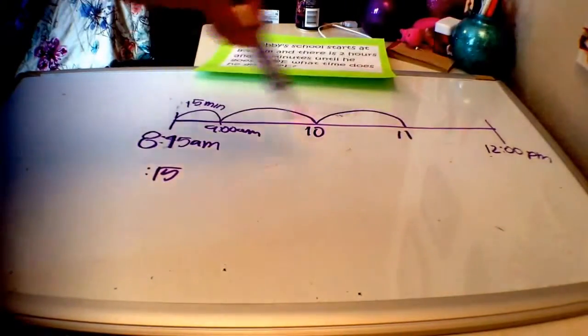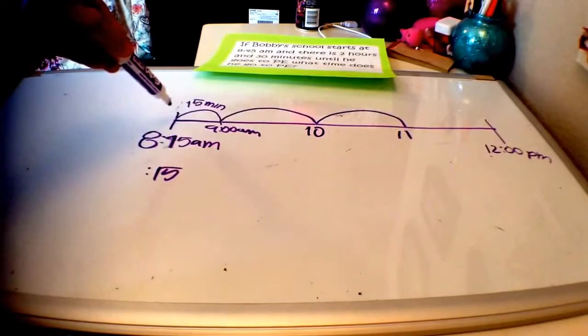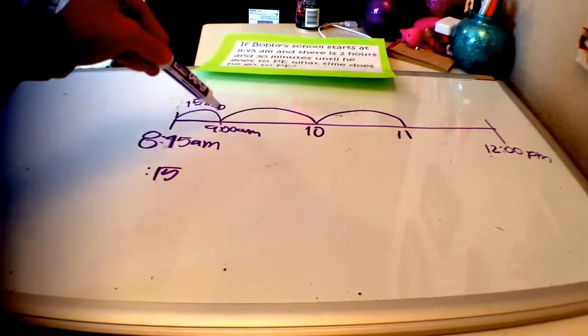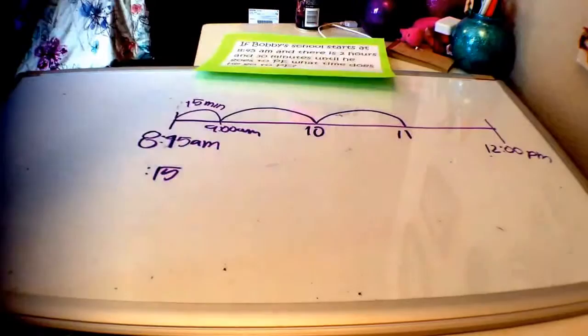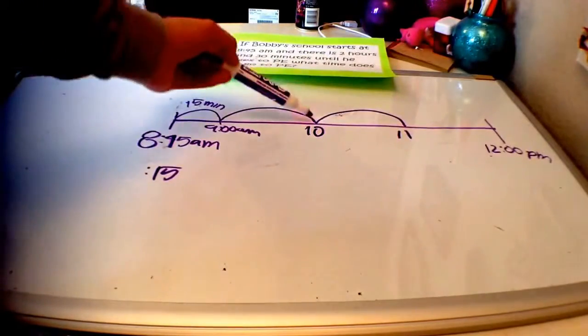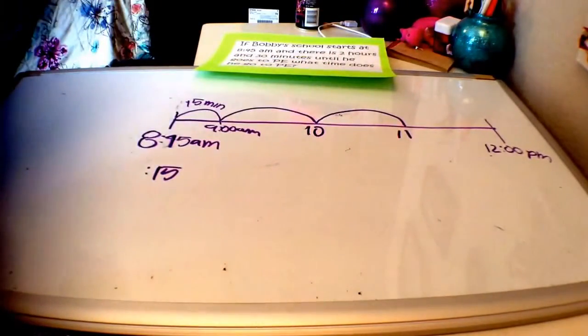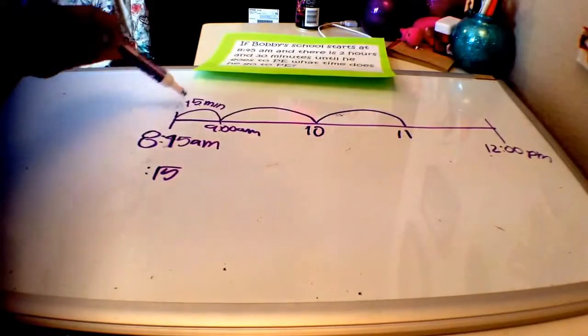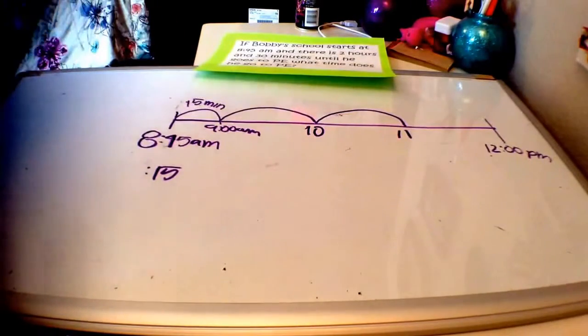When using a number line, it is important to try and make your jumps as relative to each other as possible. So for these hour-long jumps, we want to try and make them the same size, and we want them to be bigger than our 15-minute jumps.